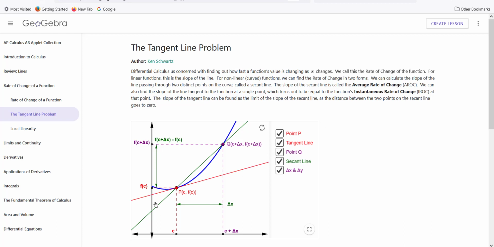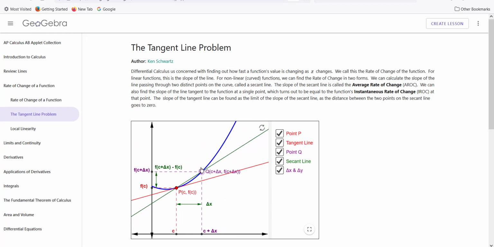Now, if I do a tangent line, notice this tangent line, represented in red, only goes through 1 point. And I can move these 2 points on this secant line. As I move these points, you can see the slope of this line is changing. The closer and closer those 2 points get, that secant line, which you see in green, is going to get closer to the actual tangent line.